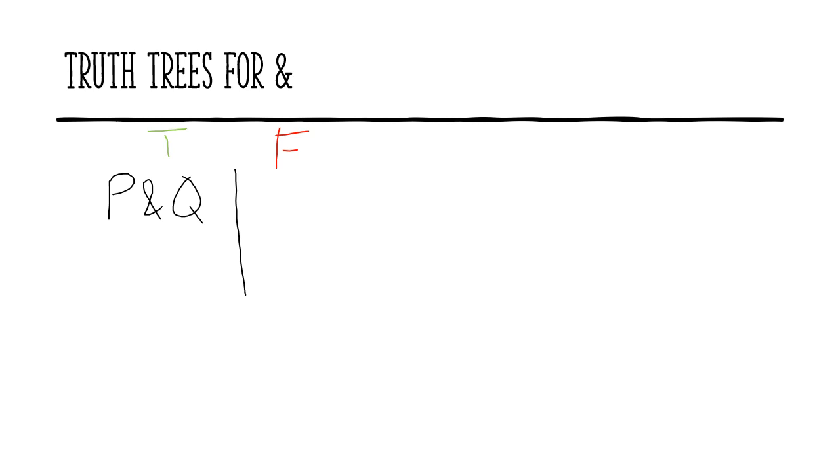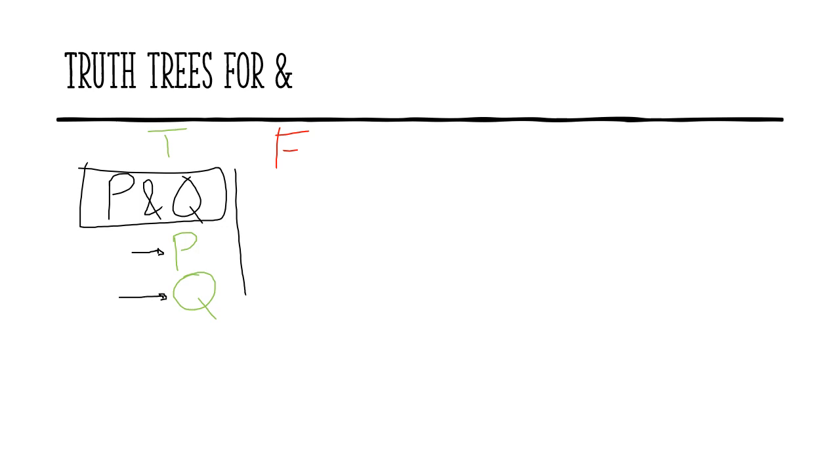Well, it's only true where the left side is true, namely the P, and the right side is true, namely the Q. So what makes this P and Q a true statement is that the left side is true and the right side is true.